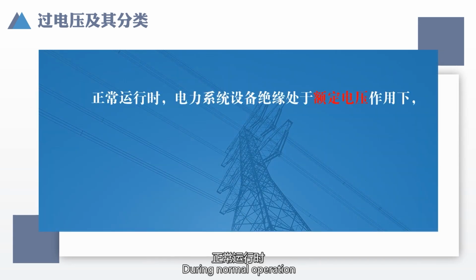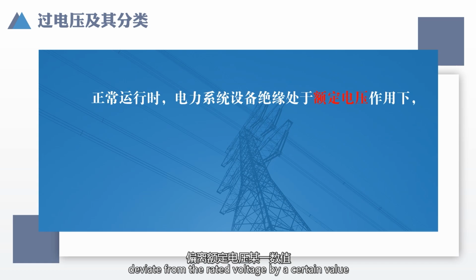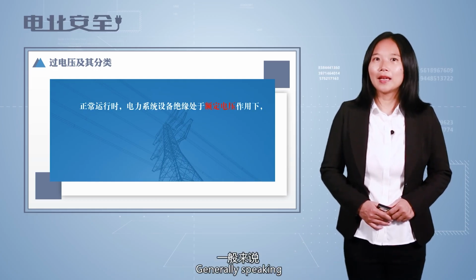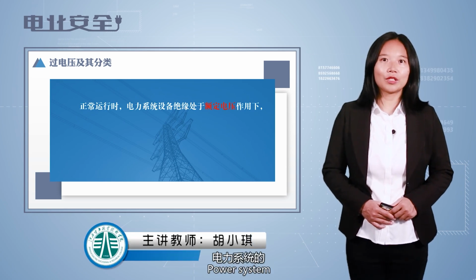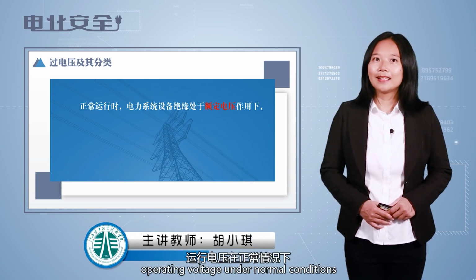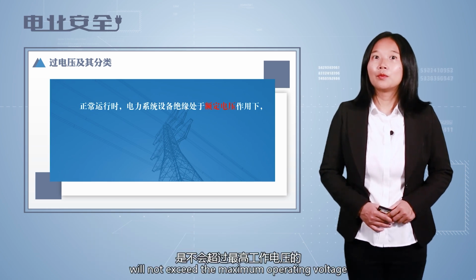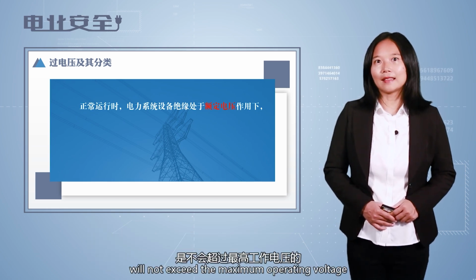During normal operation, power system equipment insulation is designed for the rated voltage. Affected by various factors, the actual voltage will deviate from the rated voltage by a certain value. Generally speaking, power system operating voltage under normal conditions will not exceed the maximum operating voltage.